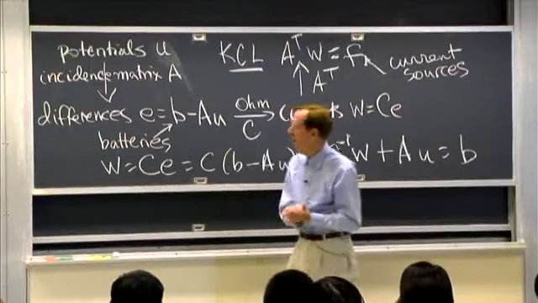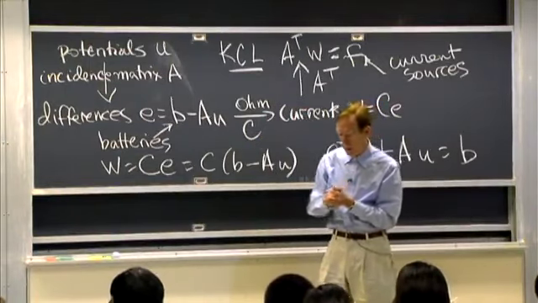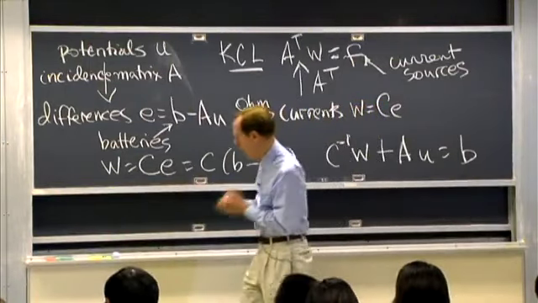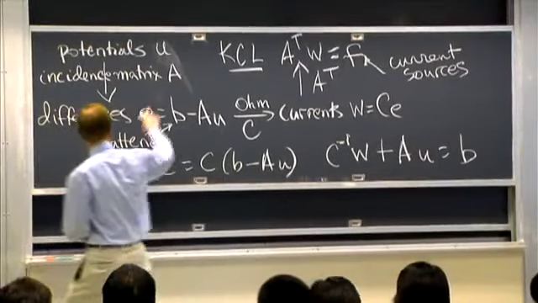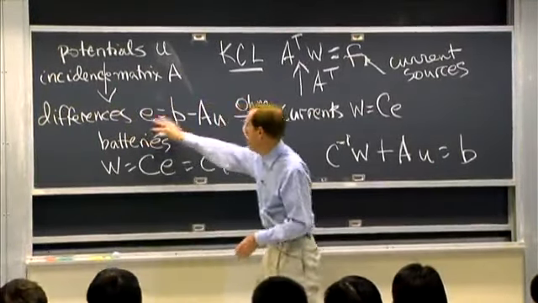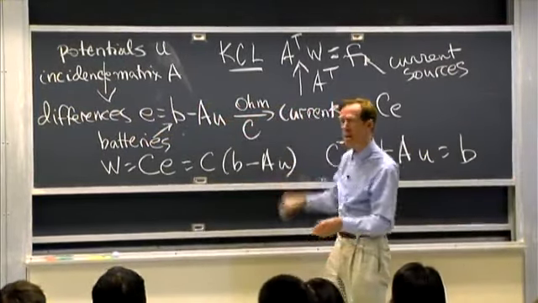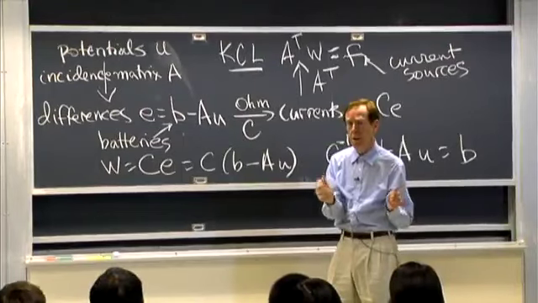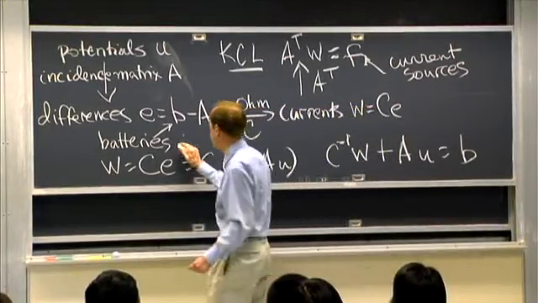I put in this B, but I didn't draw anything on the network. So let me draw what these B's represent. This second lower row is about edge equations, edge variables. So those batteries B are on the edges.